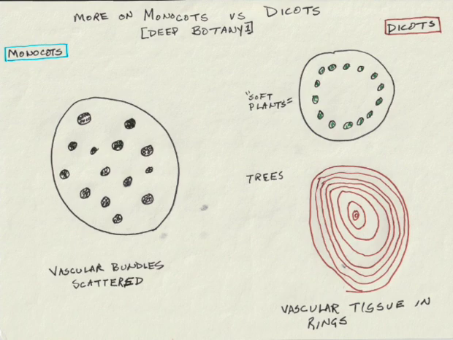But if you look at dicots under a microscope, a cross section of a dicot stem, say a buttercup or just any soft tissued plant, you're going to see that the vascular bundles are in a ring. And then as you look at trees, and you've seen this, the trees grow their tissue in these yearly rings, and each spring new tissue grows, and that's why the rings are called annual rings. They develop each year.